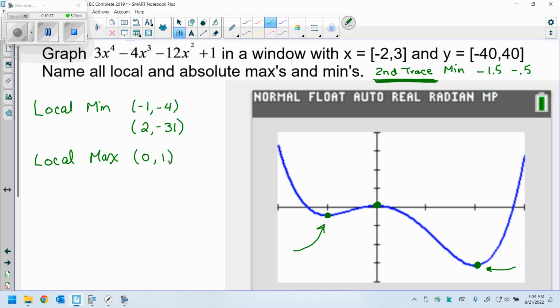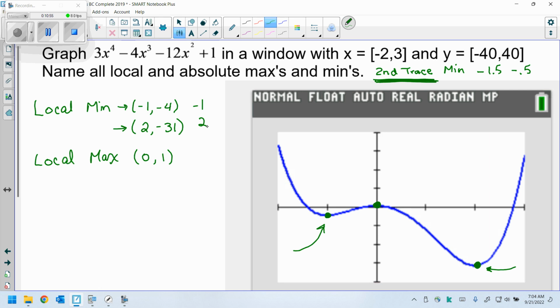Those are the local or relative maxes and mins. Now, important to realize that if they ask you for at what point is there a local min, these are the points. Or maybe they ask you at what x value does a local min occur, and you would say -1 and 2.